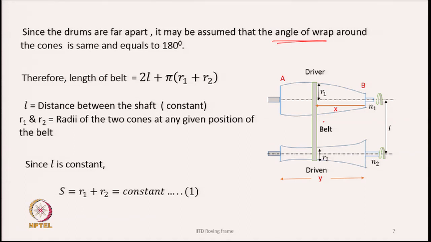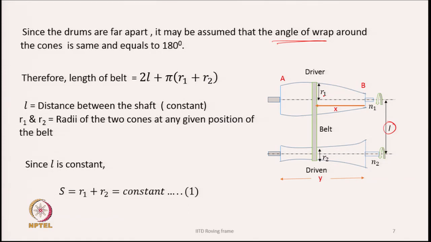Therefore, the length of the belt, we can work it out, is going to be the distance between the centers, see this distance is L. On both sides it is there, so it will be 2L plus the circumference around the top and the bottom.